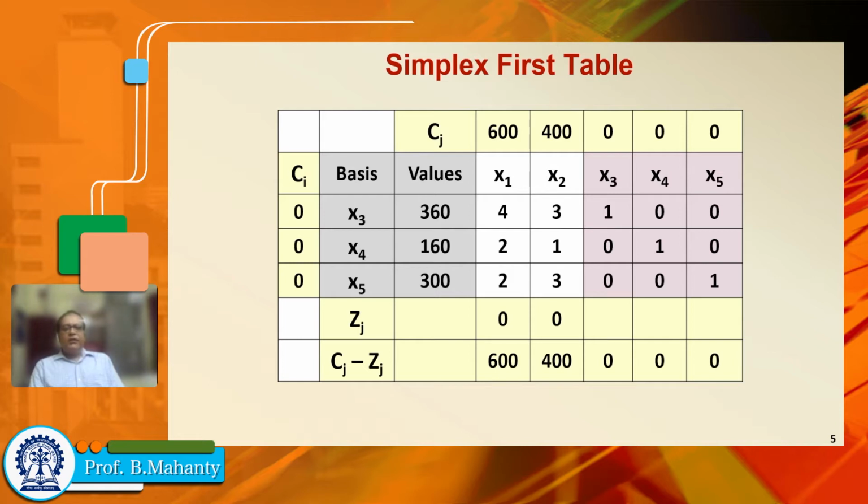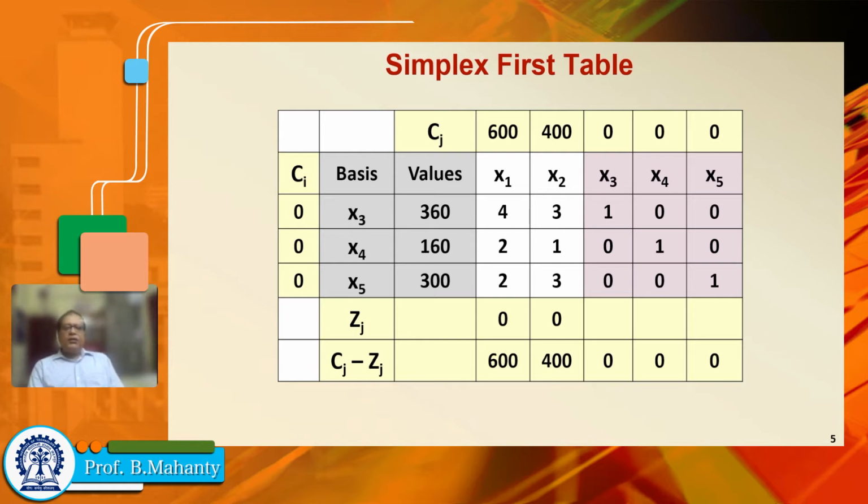The profit coefficients are 600 and 400, and these are all zeros, and therefore the loss of profit per unit Zj should be 0 and 0, because currently x3, x4, x5 are in the basis and they are associated with 0 profit coefficients. So net profit per unit for x1 is 600 minus 0, that is 600, and for x2 it is 400 minus 0, that is 400.